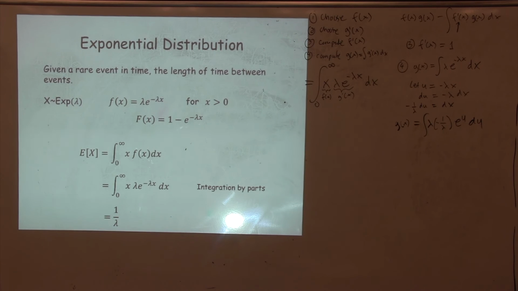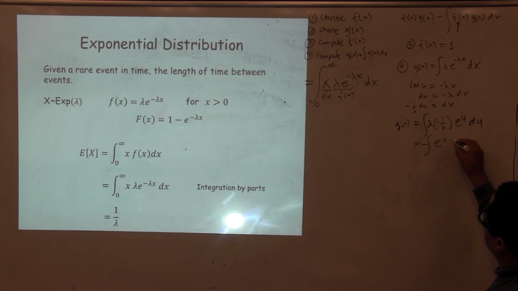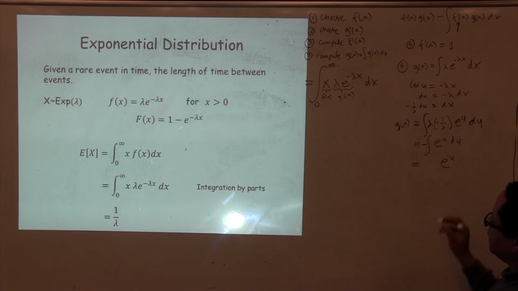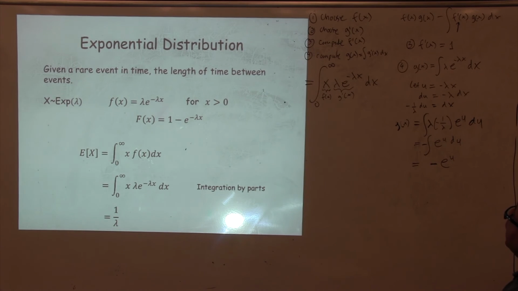Let's do a little bit of algebra here. That's the integral of minus e to the u du. The indefinite integral of e to the u du is just e to the u, and I have that leading minus sign. I can make the substitution back, u equals minus lambda x.